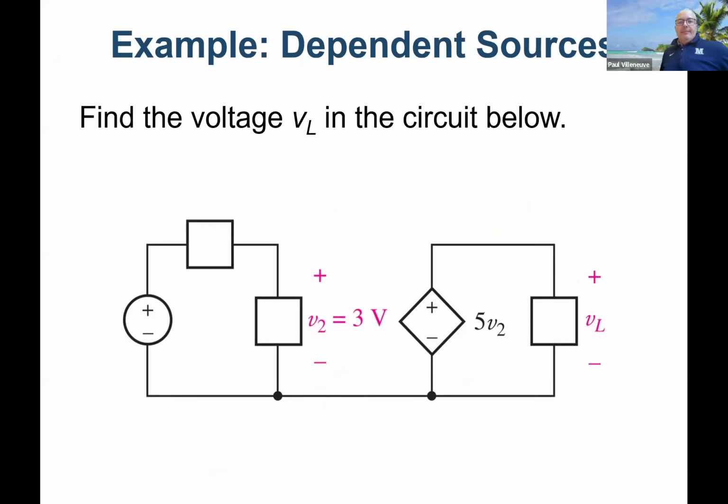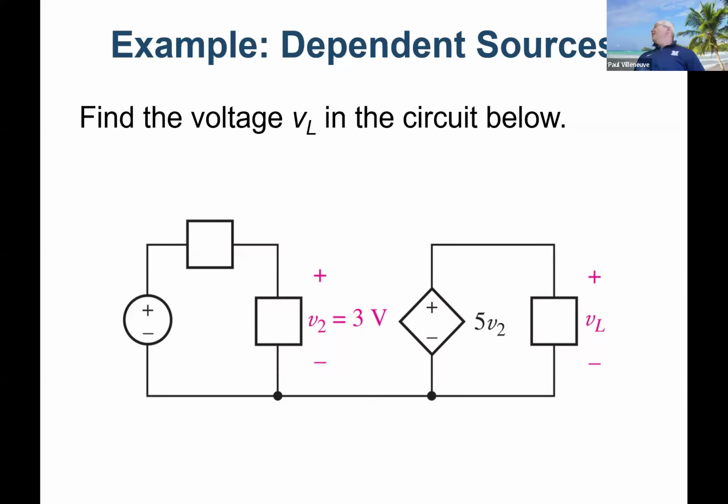All right. Find VL below. Pretty easy, right? So it's got a dependent source, and the dependent source is 5 times V2. The voltage V2 is the actual controlling variable for that dependent source. And so we've got to look someplace in the circuit and find what V2 is, or have some way of finding what V2 is.